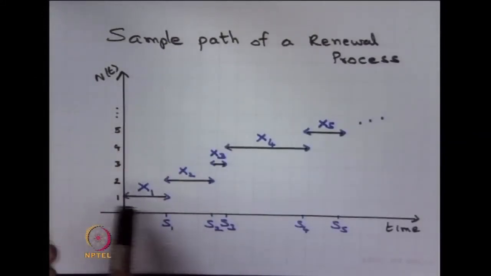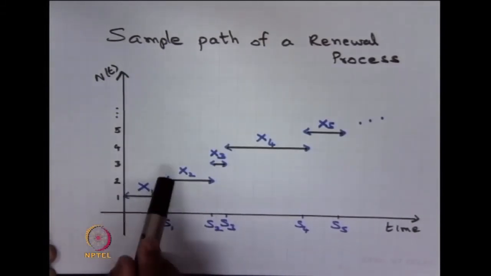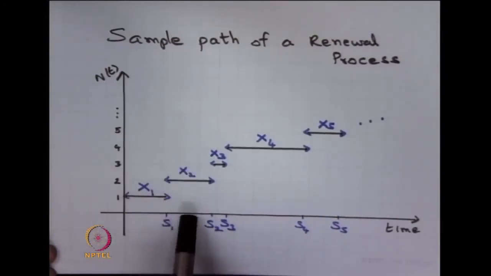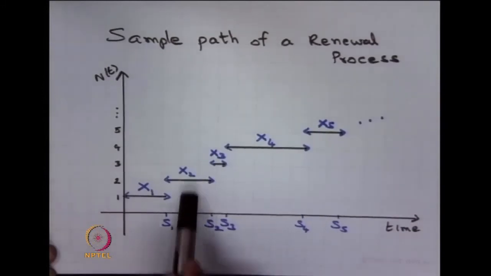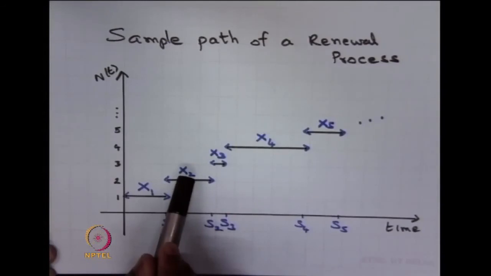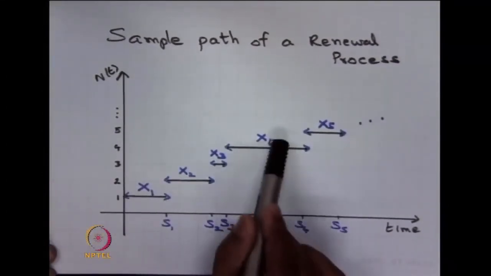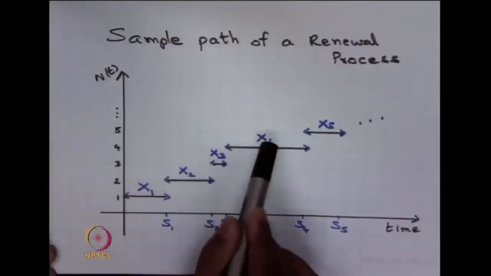So till some time the renewal count is only 1, after some time it is 2. Suppose you stopped it somewhere and asked how many arrivals took place by this time. Therefore 2 arrivals took place by this time. After crossing, suppose I stopped it here, then 4 arrivals took place by this time.